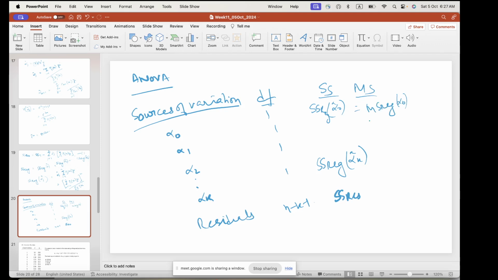It will be equal till here, and this will be ms residual by df of residual.